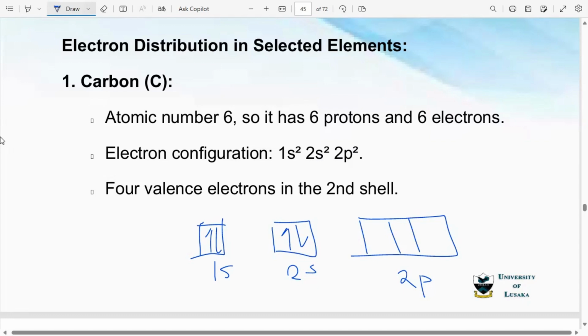Then when we reach the 2p orbital, what are we going to do? We're going to fill these singly first, and we've run out of our electrons. So we have 2 electrons in the 1s orbital, 2 electrons in the 2s orbital, and 2 electrons in the 2p orbital, just like that.